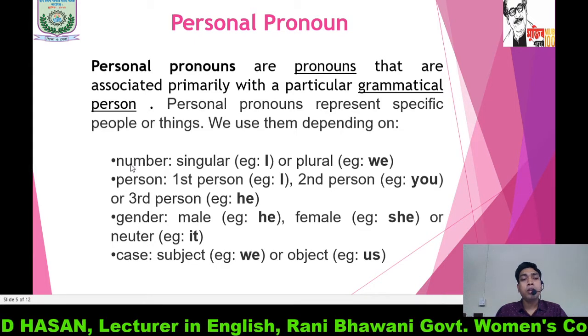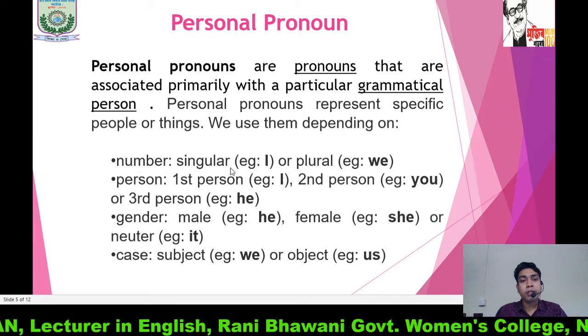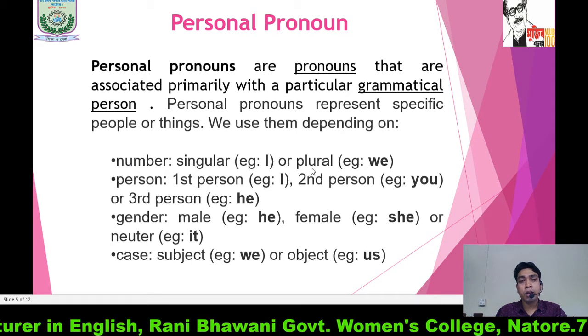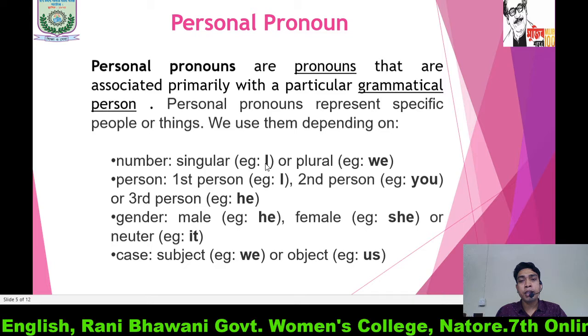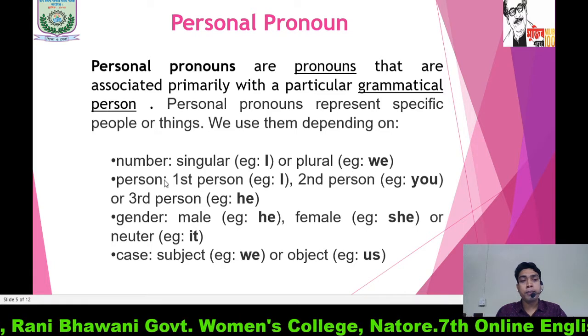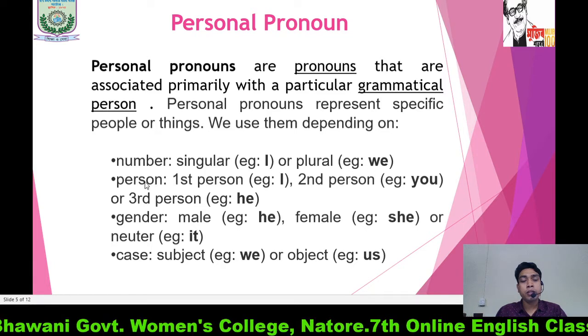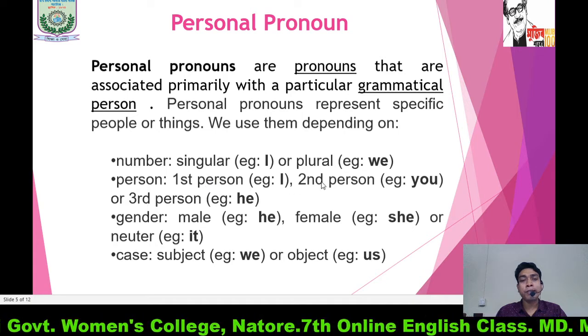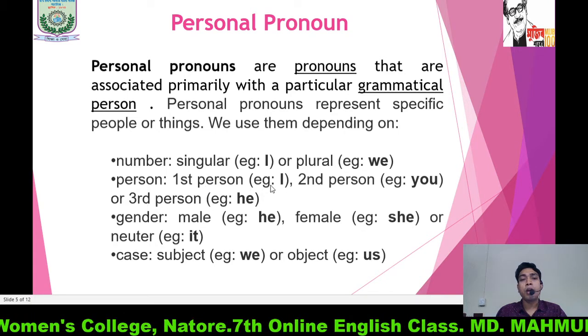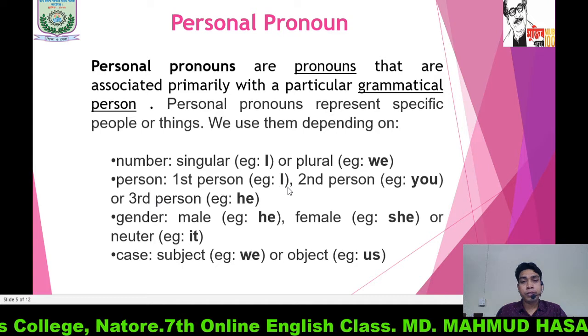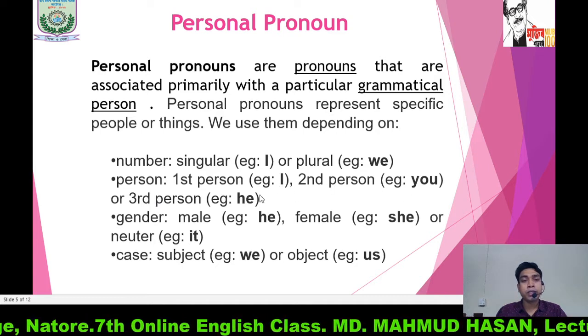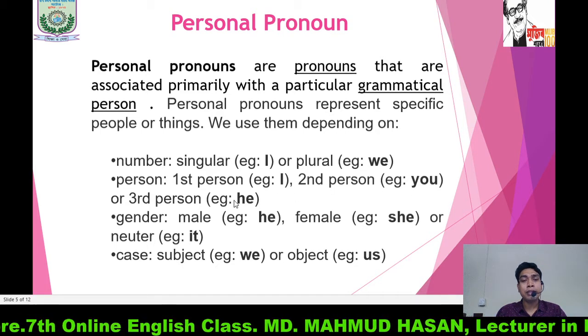Depending on number, that is singular, plural, for example, I, we. Depending on person, that might be first person, second person, and third person. I, first person; you, second person; third person, he or she.